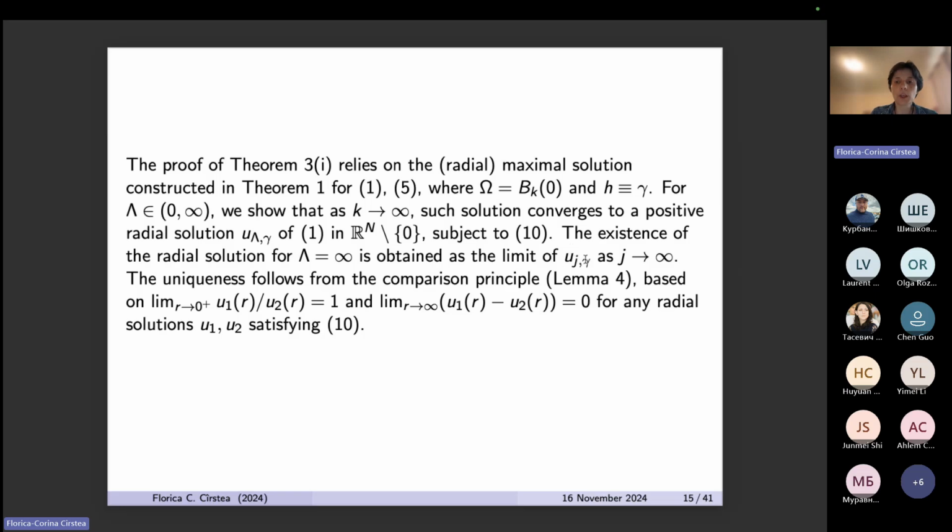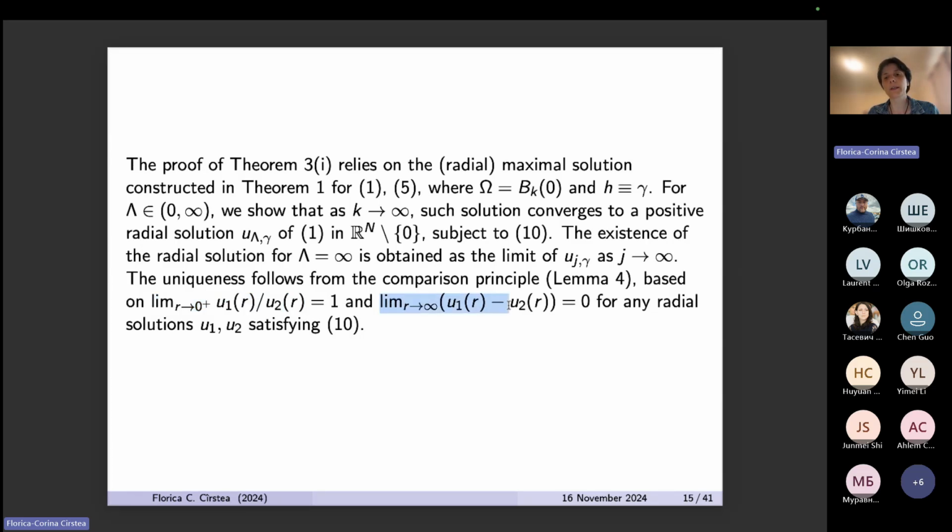Then u_{j,gamma} as j goes to infinity converges to a solution with a strong singularity at 0. The uniqueness follows by the comparison principle, because you have the same behavior of two solutions near 0.